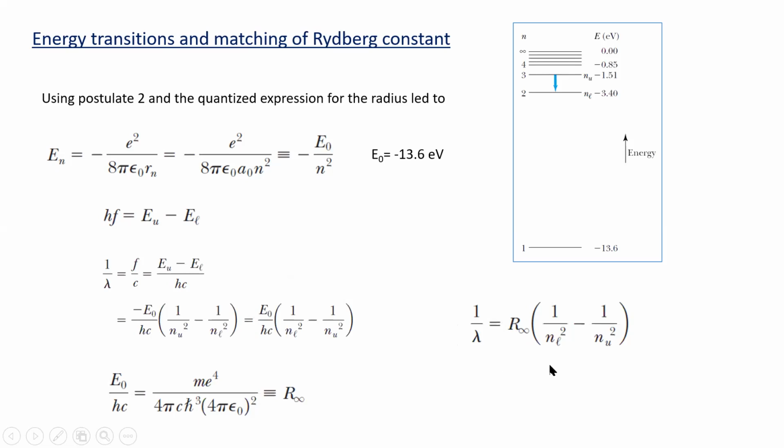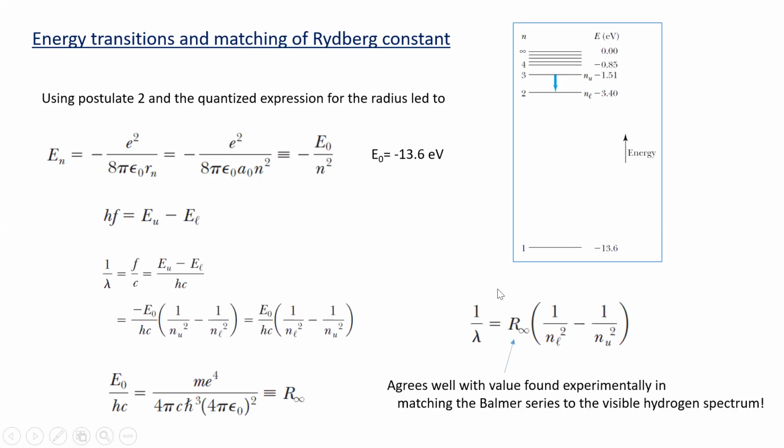And this was the first plausible explanation of the Balmer formula. When these constants were plugged in, the mass of the electron, the charge on the electron, and so forth, these agreed well with the value found experimentally for the Rydberg constant. So that's quite a success for the Bohr model.